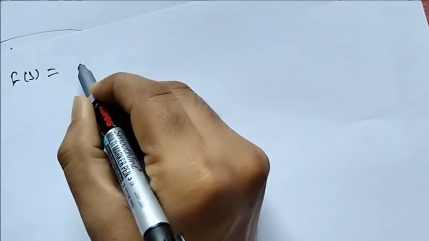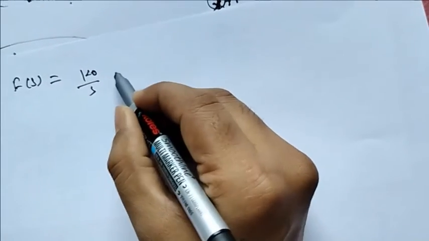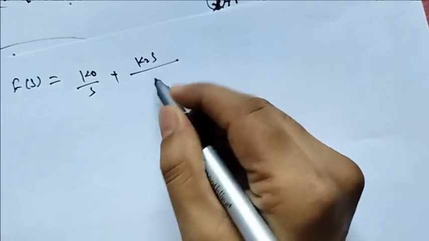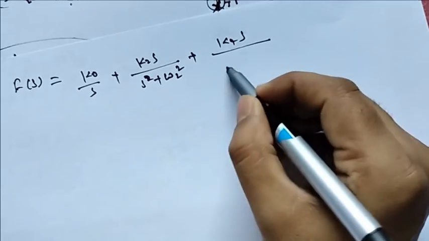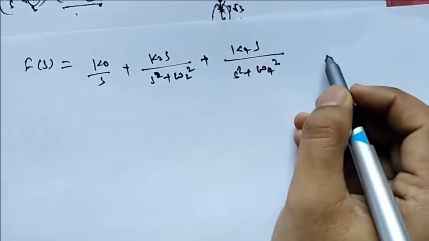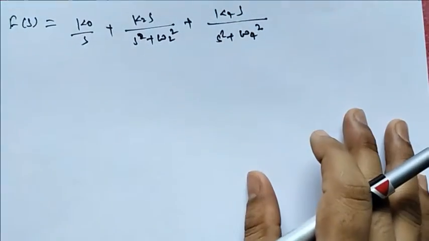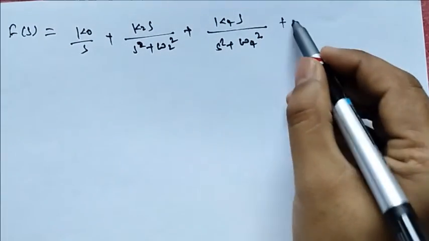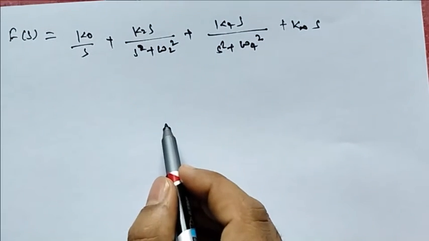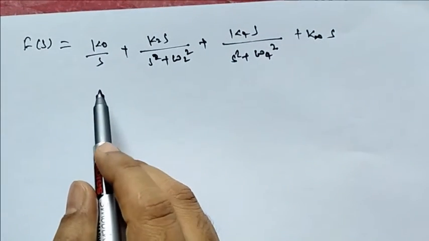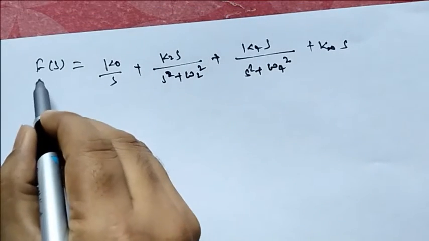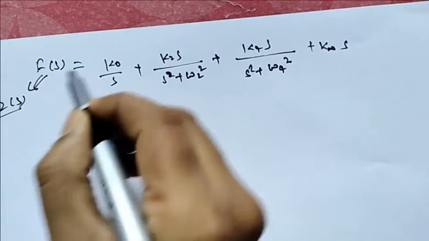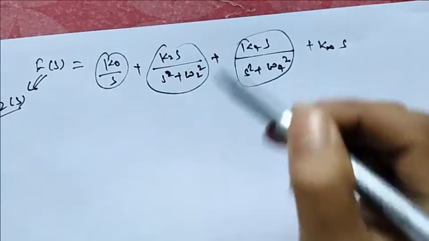Now taking the function once again, if F(s) is k naught by s, after partial fraction, plus k2 s by (s square plus omega 2 square), plus k4 s by (s square plus omega 4 square), plus k infinity s, if this is your function, then if I need to draw this, if F(s) is your Z(s) function, then all the terms must be impedances.